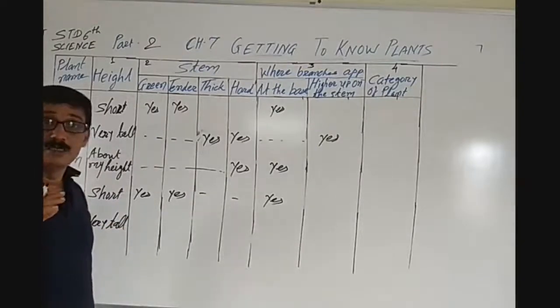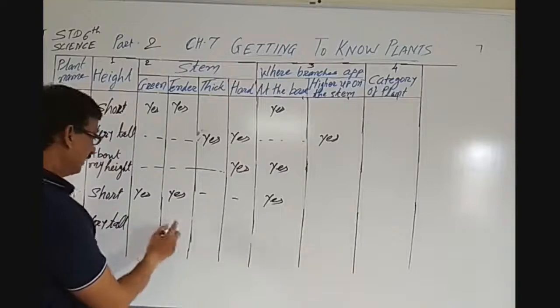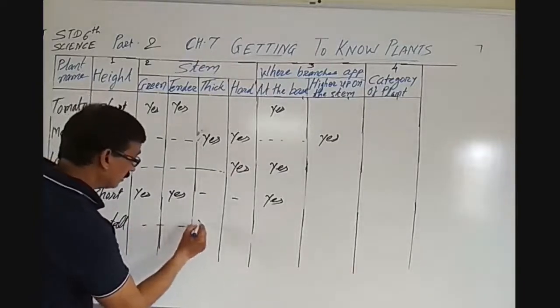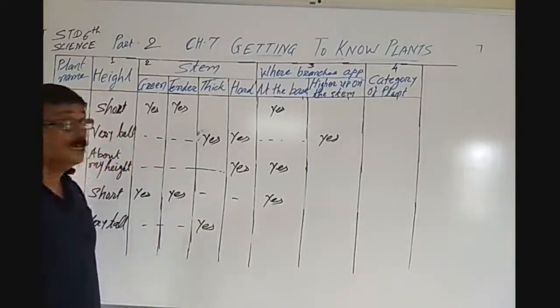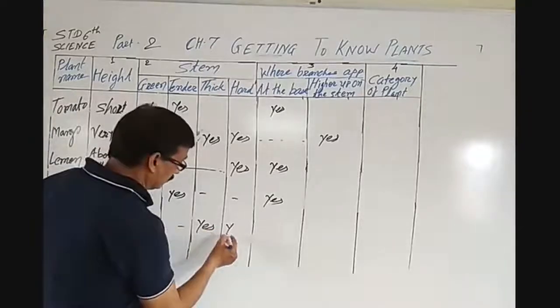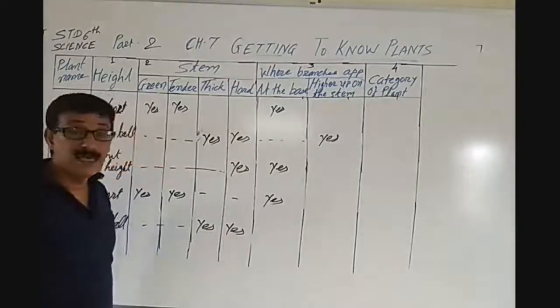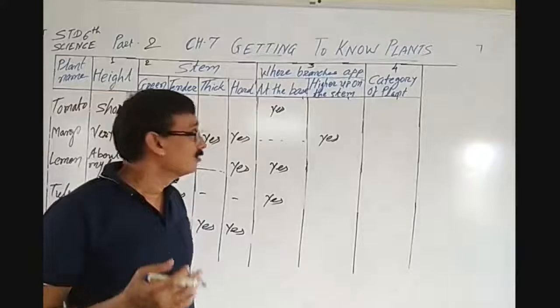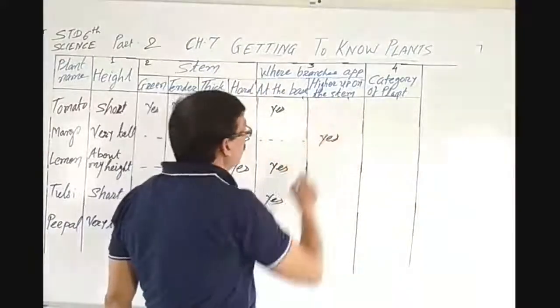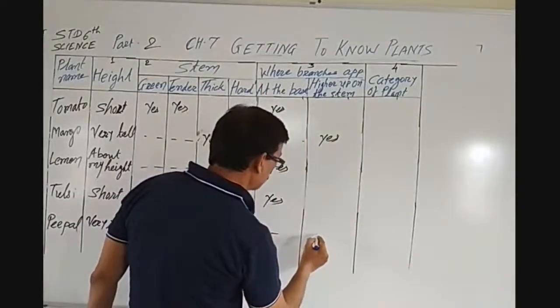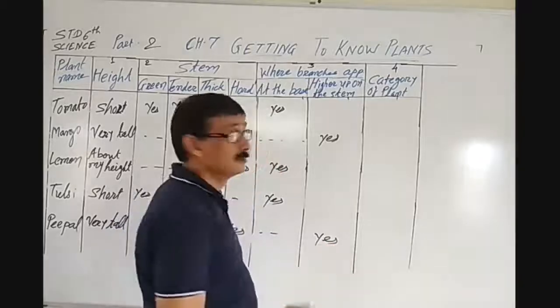Now its stem is thick and hard. Where do the branches appear? Higher up on the stem. So here I should write yes.